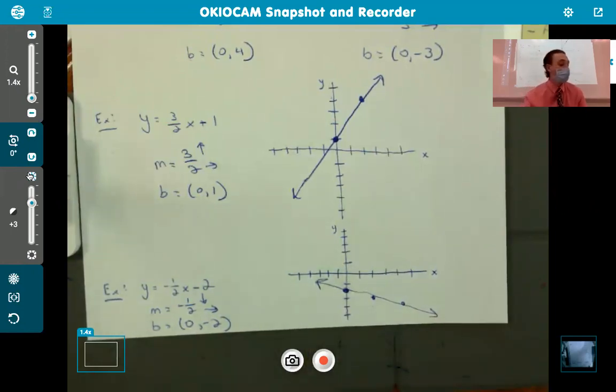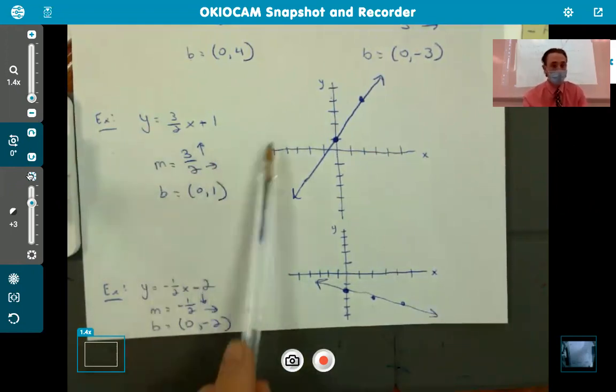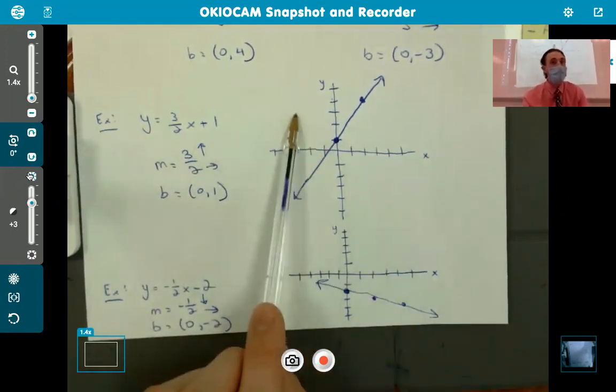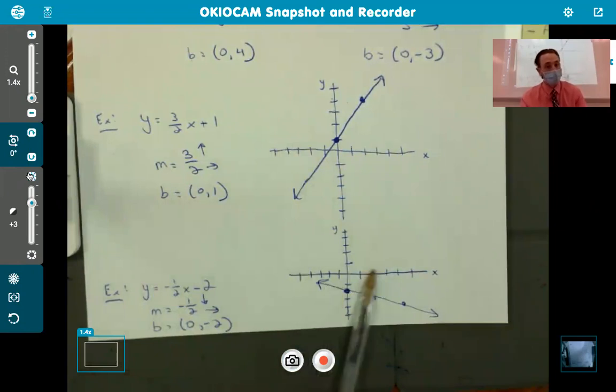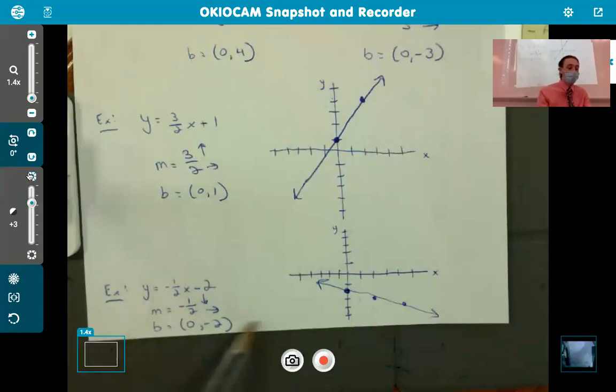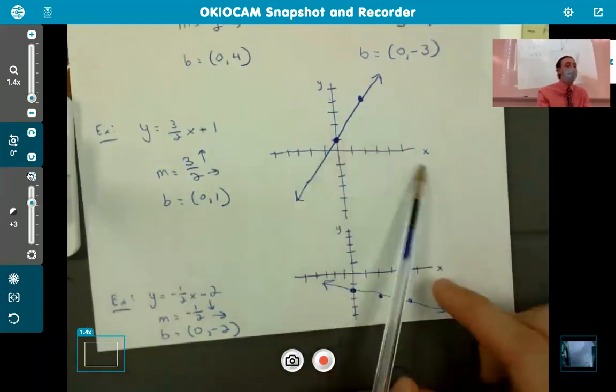So that's something to keep in mind. If you're plotting these, you have a positive slope and your line looks like this for whatever reason, it means you probably made a mistake somewhere. Whereas if it's a negative slope and your points are increasing, you might have made a mistake. So be aware of what each graph should look like based off of a positive slope versus a negative slope. And always keep in mind your y-intercept will always cross the y-axis. You should never have a y-intercept out here anywhere or along the x-axis.